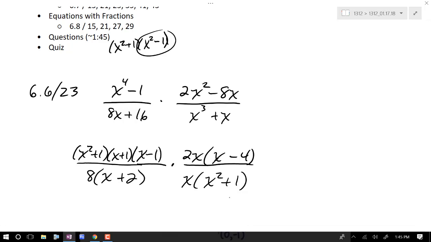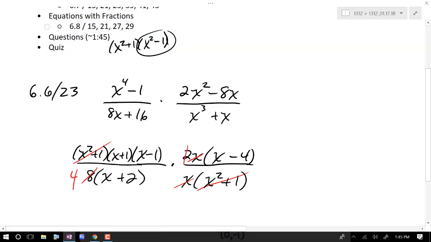So now we've done all the factoring, and we can whip into a frenzy of canceling. The fun part. The x squared plus 1s will cancel. The x's cancel. And the 2 and the 8. And I think that is it.